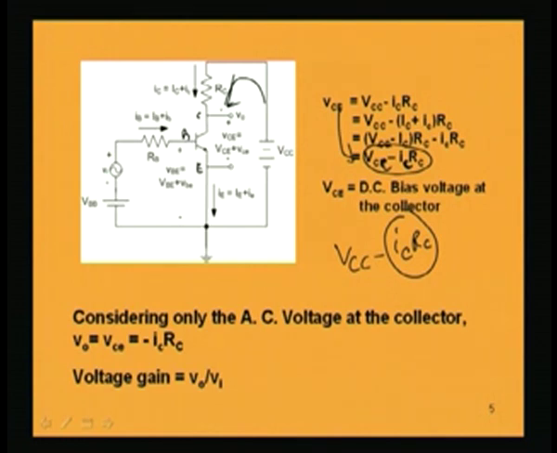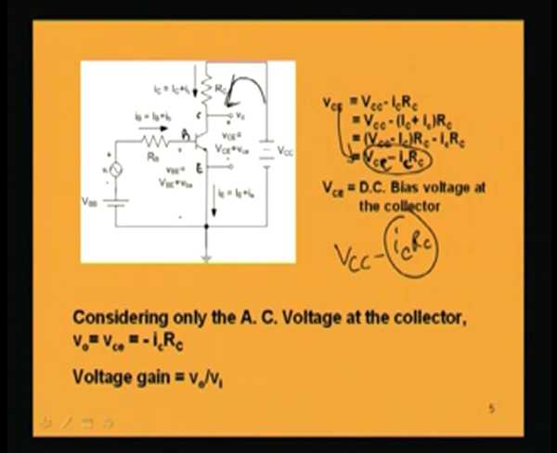And basically voltage gain happens because of this product of this current and this resistance at the collector. IC is nothing but beta times IB.